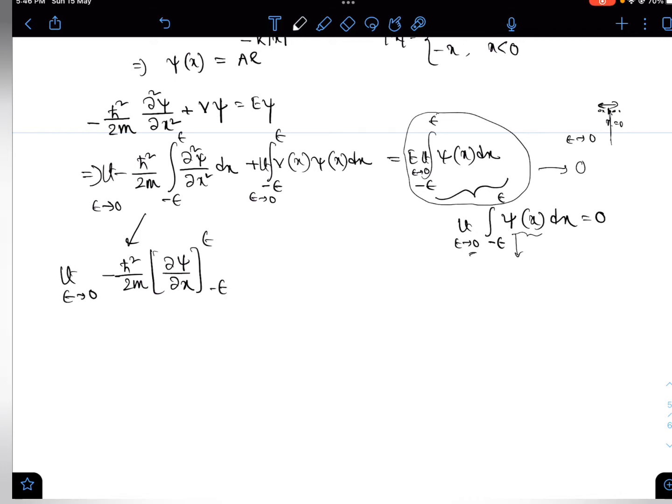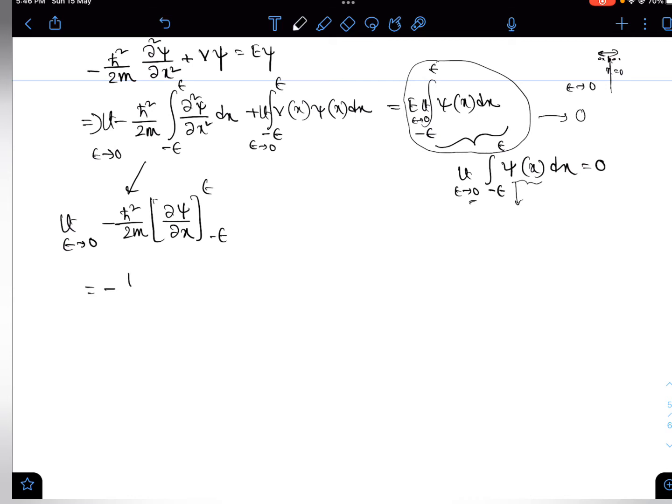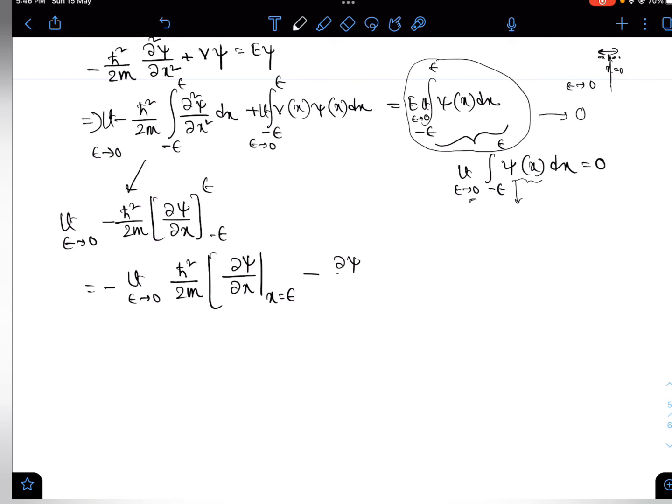So from the first term we are getting minus limit epsilon tends to 0 of h cut square by 2m, times del psi del x at x epsilon minus del psi del x at x minus epsilon.